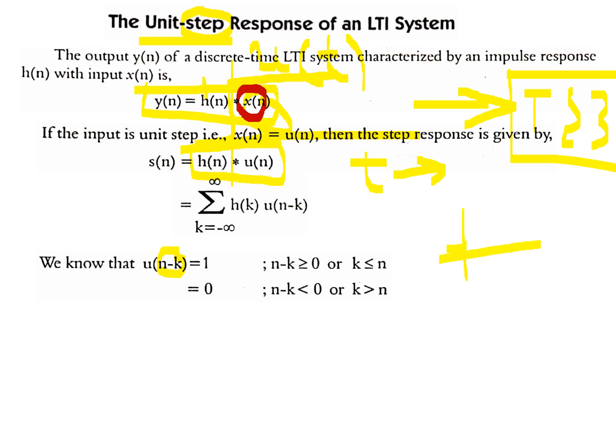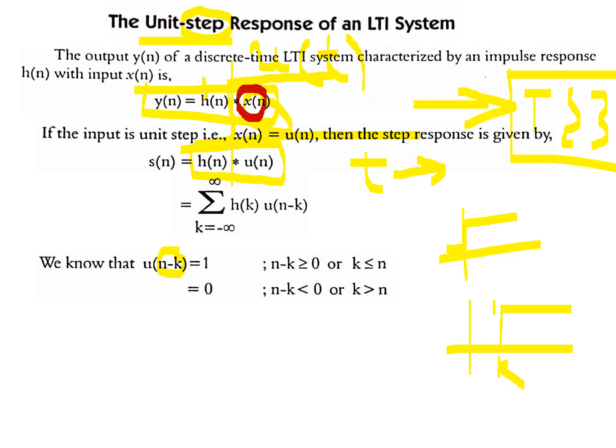If I delay the step signal by k, this is u at n, this is u at n minus k. For n minus k greater than 0, its value is 1.